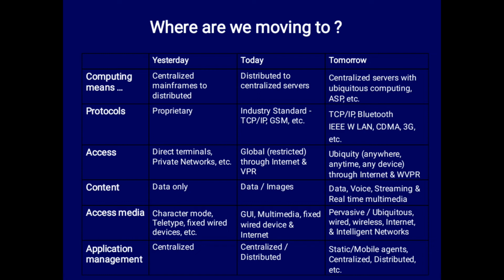Tomorrow it will be all wireless. These PPTs were made quite some years back, so I think that is the condition today. Of course, we still use wired for our LANs and all that, but it will be all wireless soon.